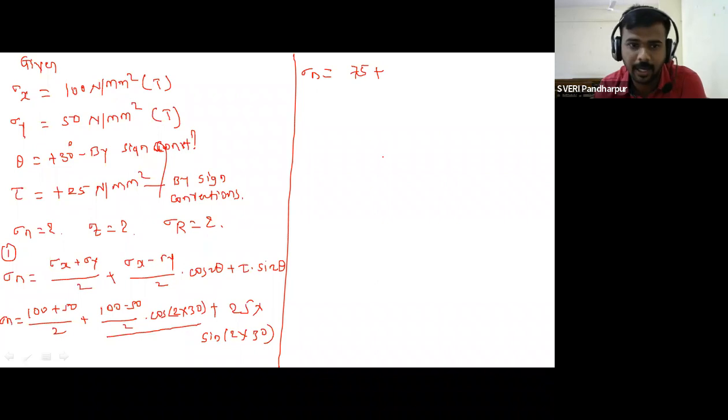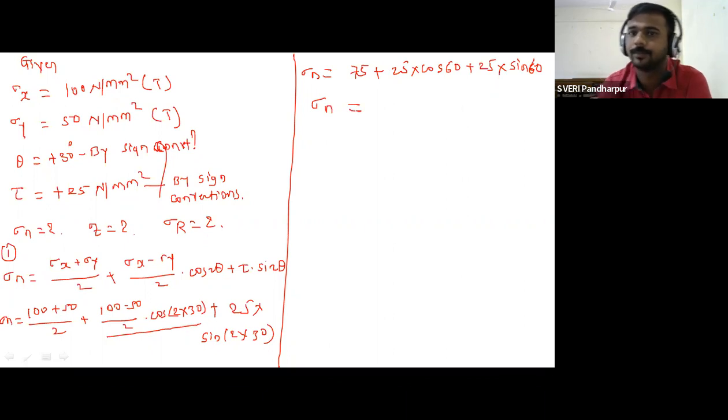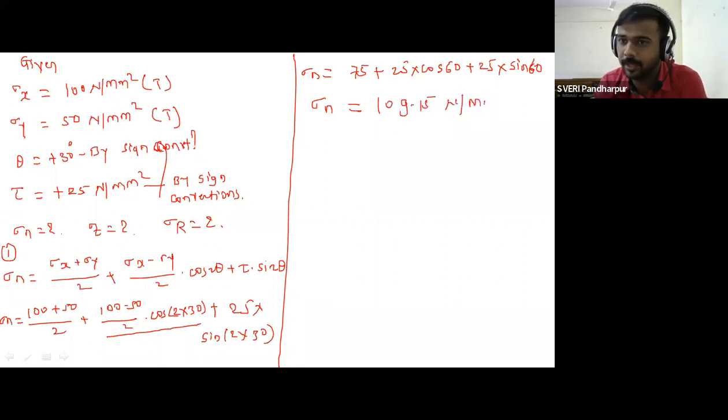I will write 25 into cos 60, correct? Plus tau 25 into sin 60. So what will be your answer? Correct, 109.15 Newton per mm square.